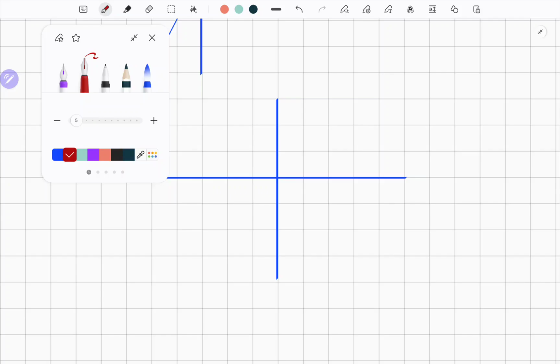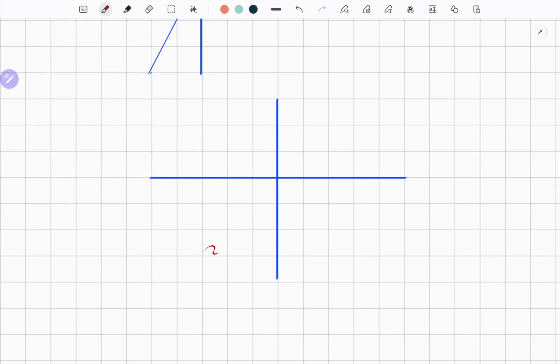Now, I'll explain in the next bit different gradients and what they look like. So if I go back to a standard grid, I'll explain the numbers and how you work it out in a moment, but I just want to visually show you what different gradients look like, roughly speaking.